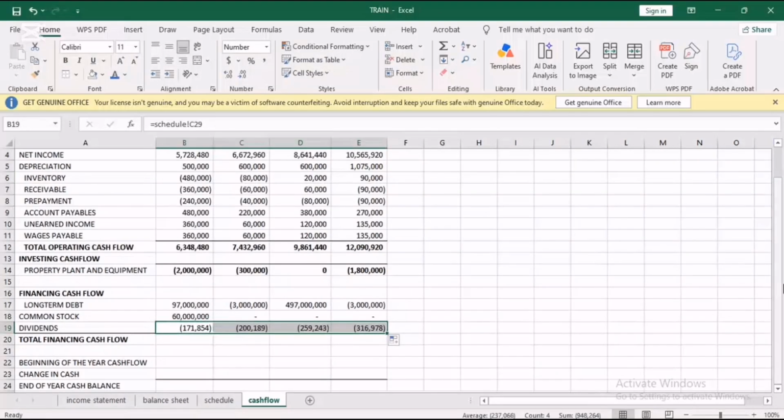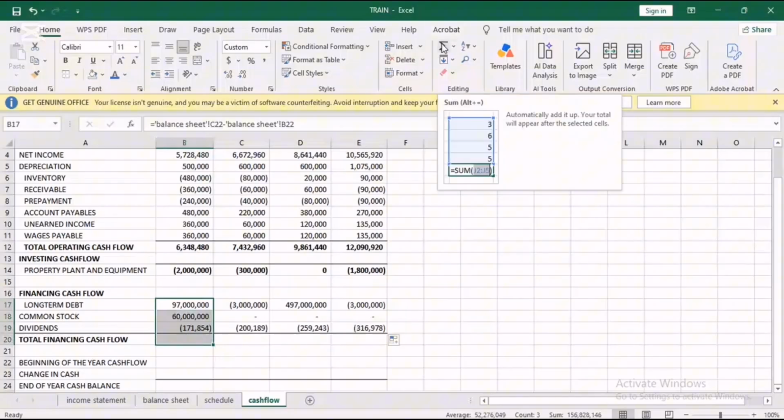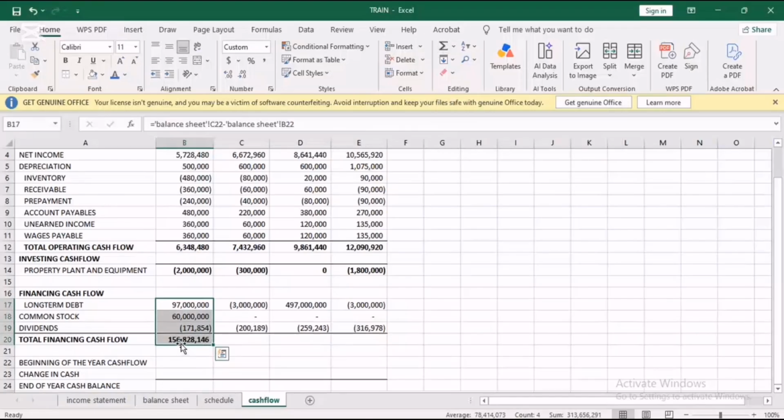Absolutely, I think we've almost run this off. So right away, let's put down our total financing cash flow. Let's do that. Sum of this and that. Let's hit summation. Right away, that is our total financing cash flow. So let's roll through.